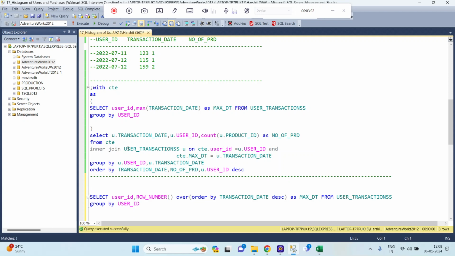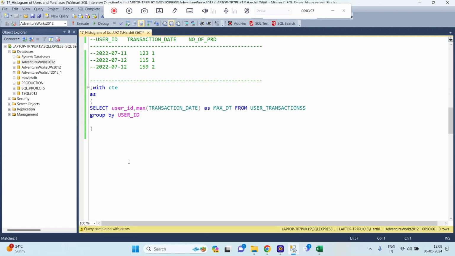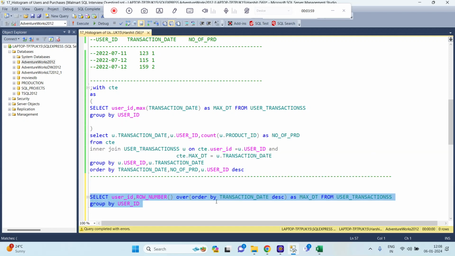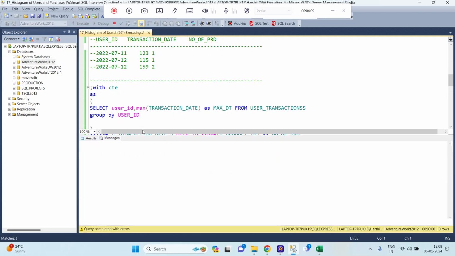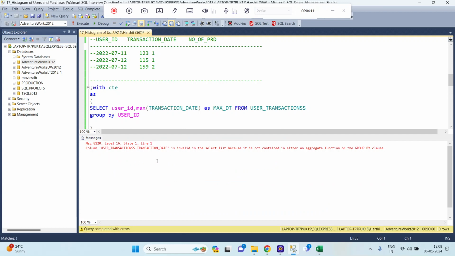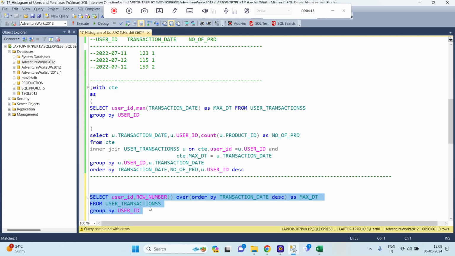So let me, what is the issue over here? It is because it is not contained in the aggregate function. Okay, here group by is not required, right?